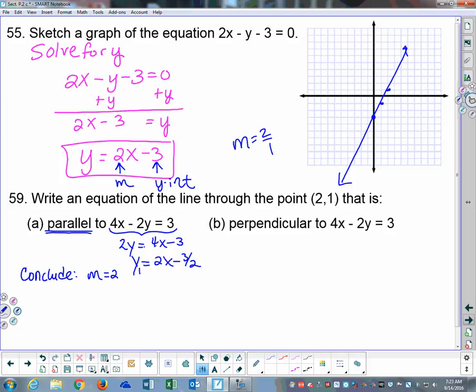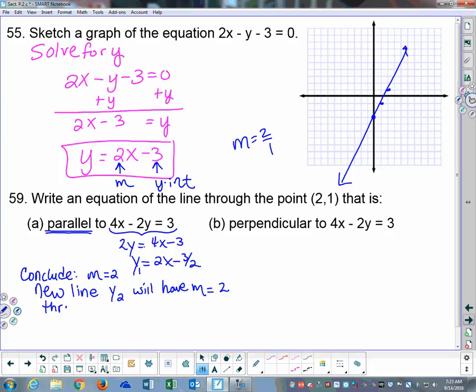I want to make a new line. I want my new line to be parallel. So its slope, my new line y sub 2, will have a slope of 2 as well. All right, so we want to go through the point 2, 1.